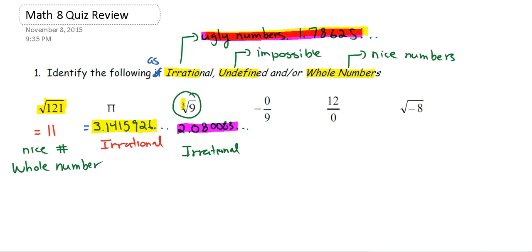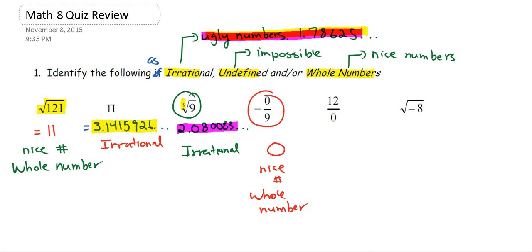Okay. Moving on, negative 0 divided by 9. Well, 0 divided by anything will always give you a 0. Alright, so since 0 is a nice number here, this will be a whole number.